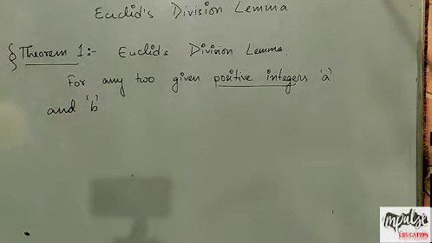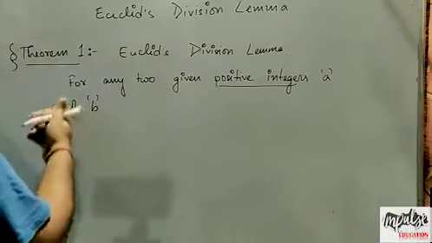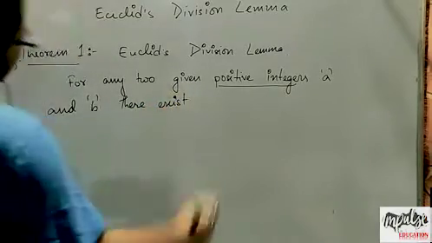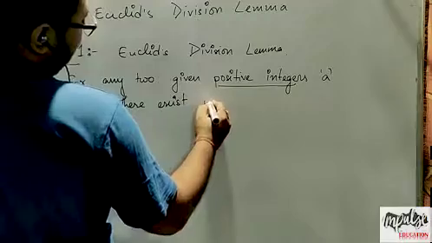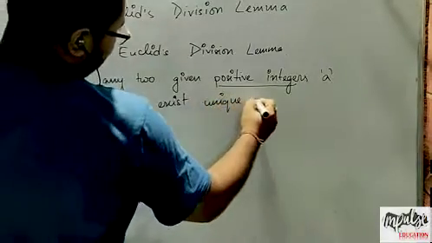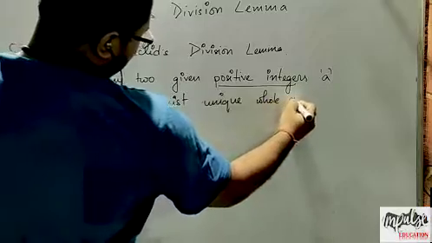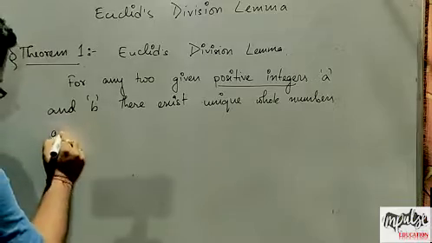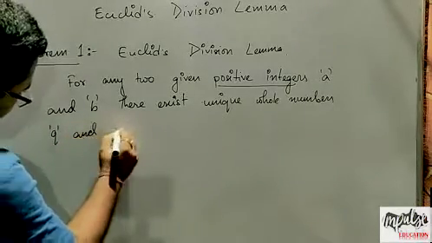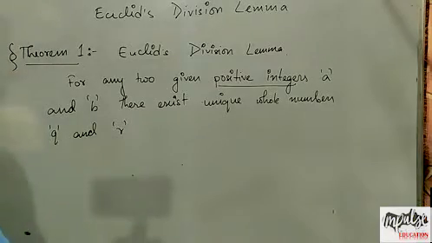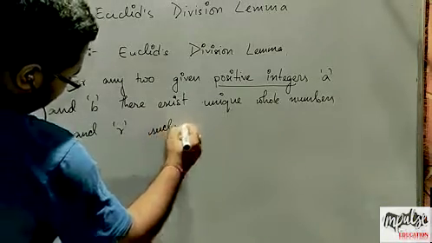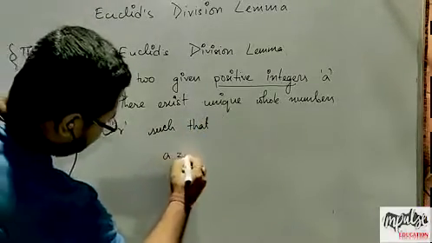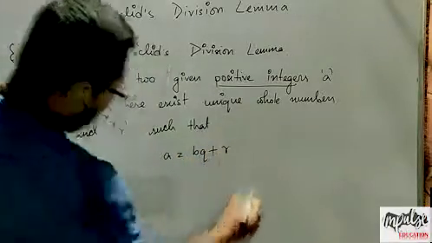Now for any two given positive integers a and b, there exist unique whole numbers q and r such that a = bq + r.